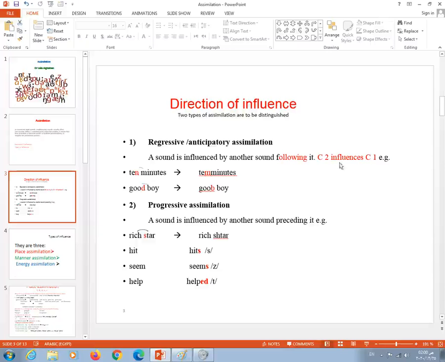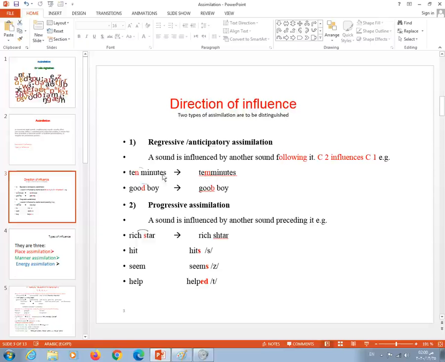C2 affects C1. So ten minutes becomes tem minutes. It's as if m obliges or makes n be like it. So both become one sound.